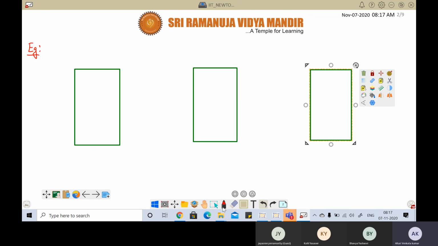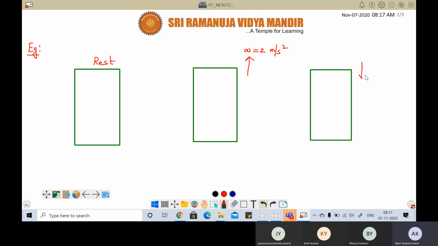This lift is at rest. This lift is moving upward with an acceleration of 2 meter per second square, and this lift is going downward with an acceleration of 2 meter per second square.